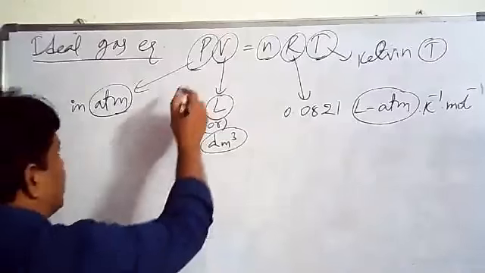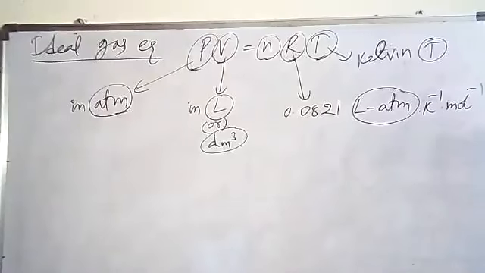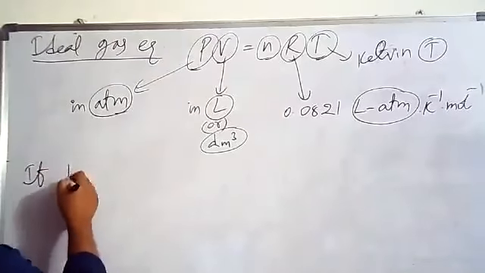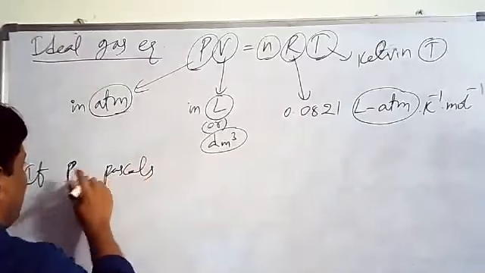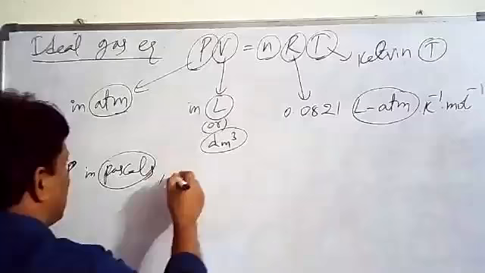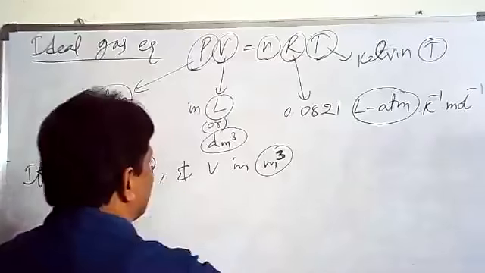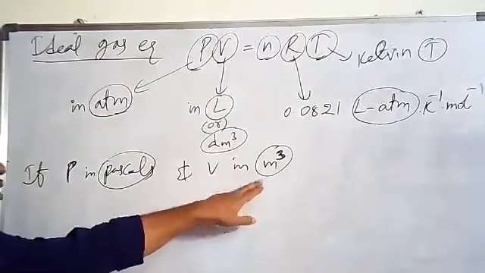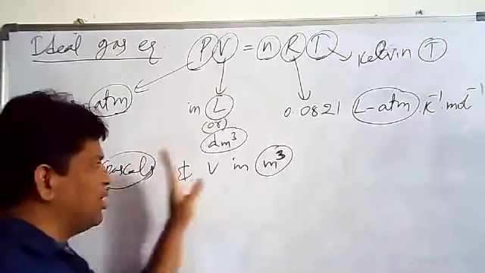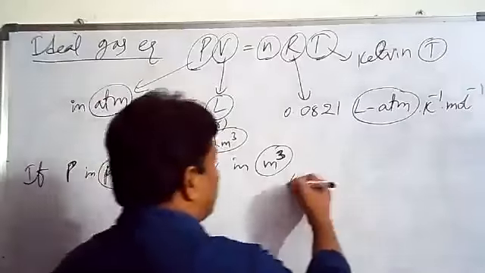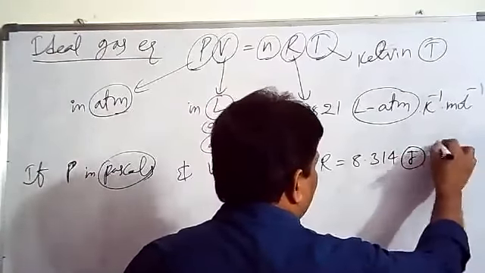Suppose pressure is taken in pascals, the SI unit, and volume in meter cube, the MKS unit of volume. The MKS unit of pressure is pascals. Then R is taken as 8.314 joules per Kelvin per mole.